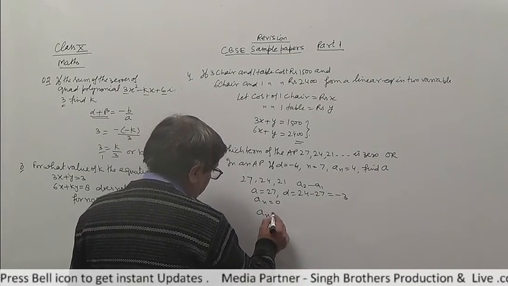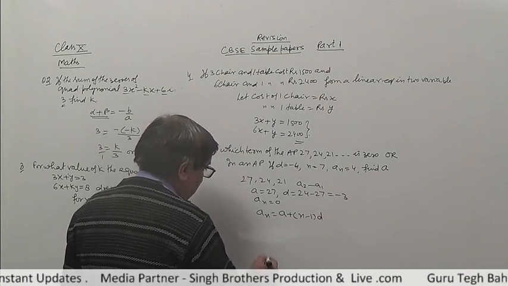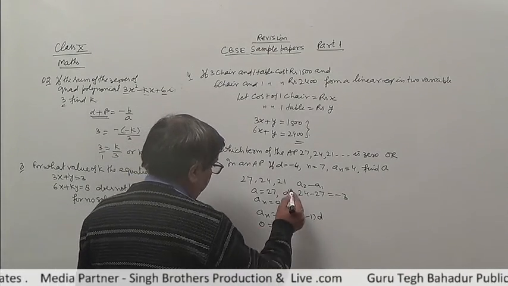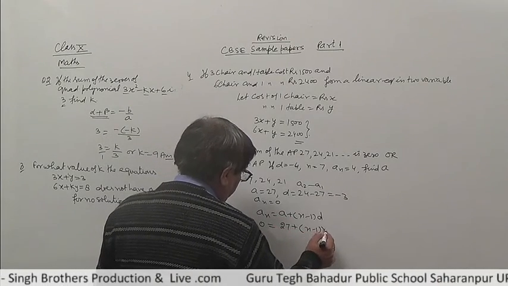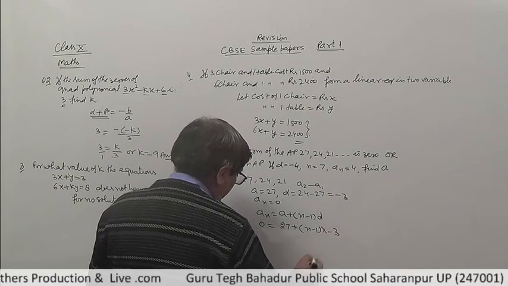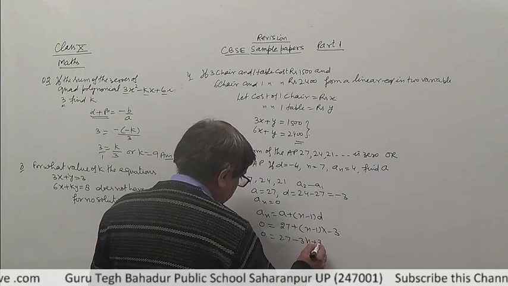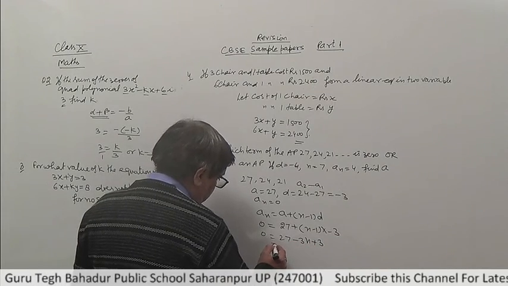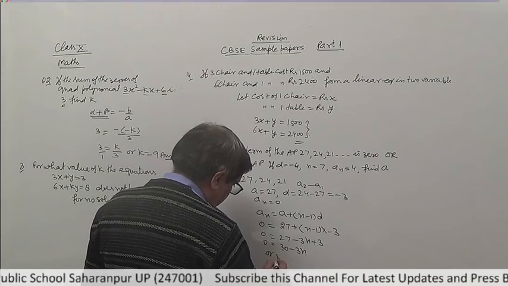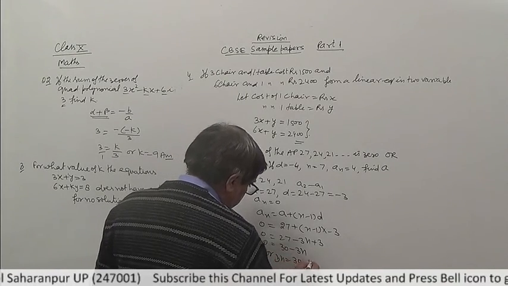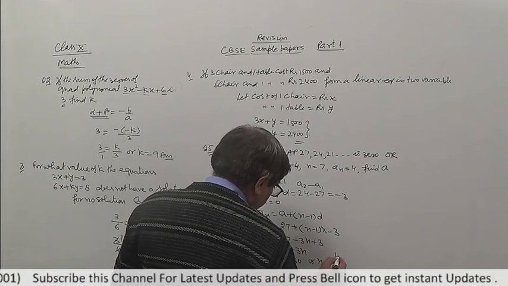So a_n is equal to a plus (n minus 1) into d. 0 is equal to 27 plus (n minus 1) into -3. 27 minus 3n plus 3, that is 30 minus 3n, or 3n is equal to 30, or n is equal to 30 upon 3, that is 10.